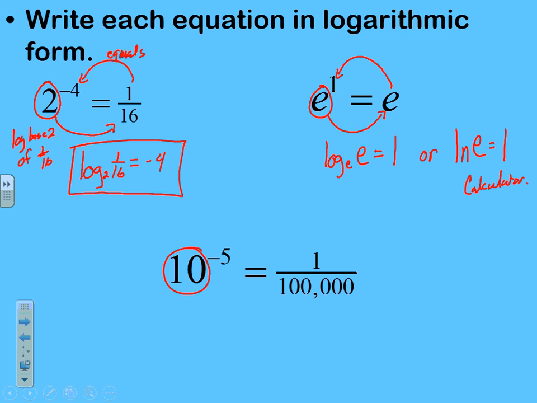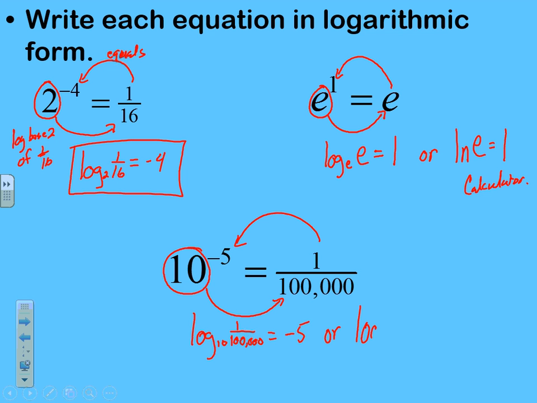Okay, and the last one here, this is the base of the exponent. So I'm going to say log base 10 of 1 over 100,000 is equal to negative 5. Or, because log base 10 is the common log, we often don't write the 10 as the base.